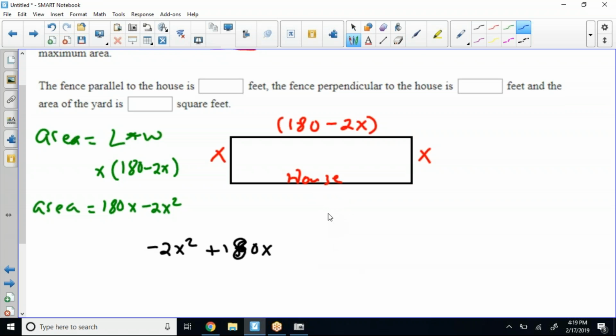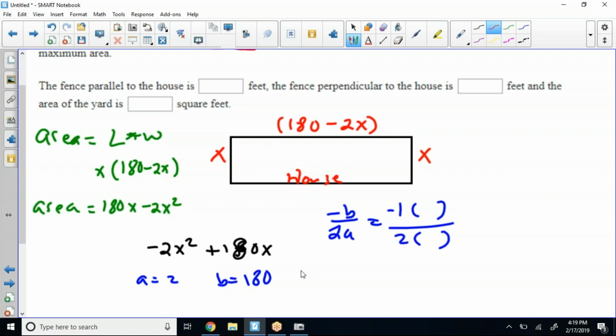So we would have what? Negative b over 2a. So that's really negative 1 times the b over 2 times the a. So a is negative 2, b equals 180. So we're going to plug those in.